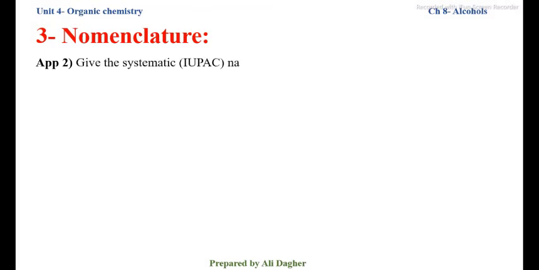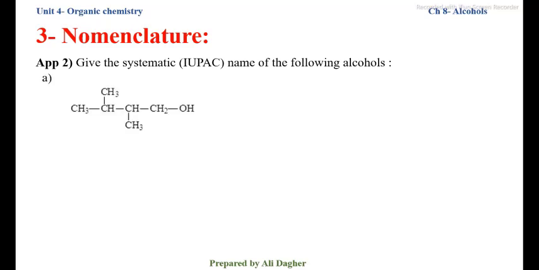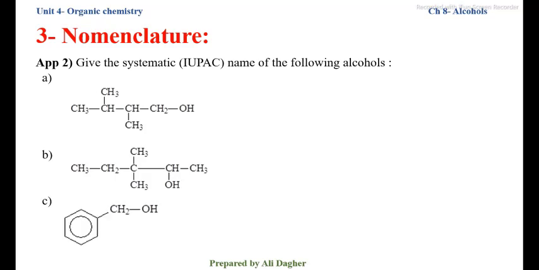Application 2. Given the following alcohols, A, B, and C, we should determine or write the systematic name of each alcohol. First alcohol, the main chain is formed of 1, 2, 3, 4.